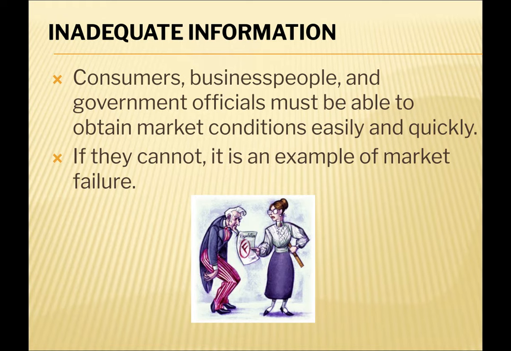Maybe they're saying they're a $4 million company and really they're only a $100,000 company. I just completely made that up. But that would be adequate information. If they're not able to provide that, then they would be in trouble, and then that could cause a market failure.